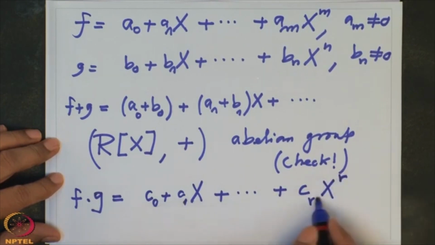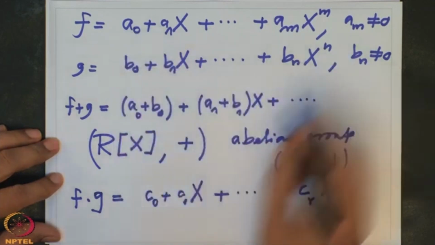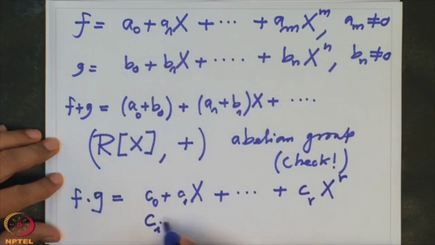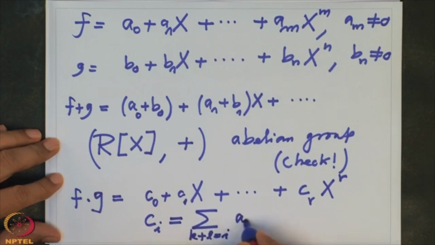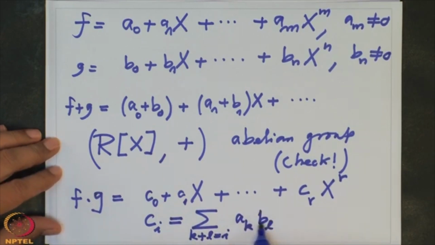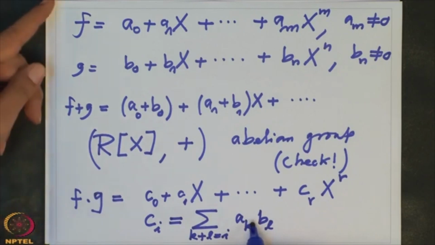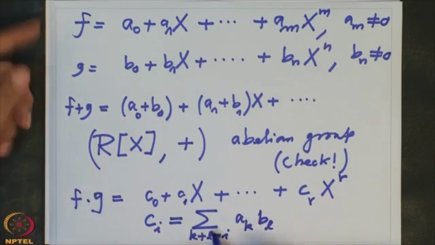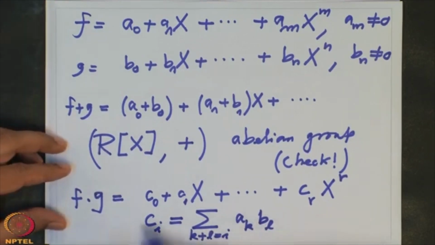Now I have to tell you what the c's are in terms of a's and b's. So ci is by definition the summation over k plus l equal to i of ak bl. Now remember this multiplication is in R and the sum is also in R. So this definition makes it a multiplication on this set.